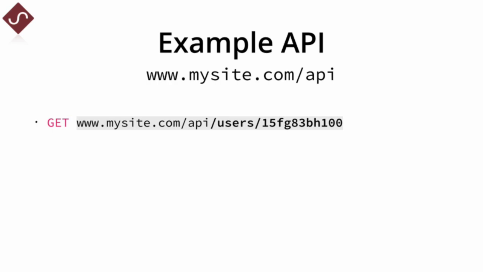So let's have a look at this. The first word in pink here is get, and that tells your API that the application is expecting the API to send back some data, which the application can then use. The next part is the address of the API, in this case, www.mysite.com/API, and then you've got what's called the API endpoint, which is what exactly are we accessing in this API. And we can see that we're accessing users / and then a complicated number.